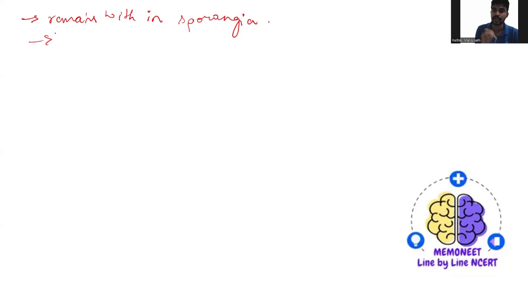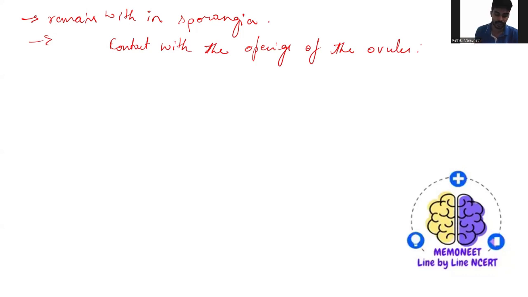They are carried by air or wind currents, and later on they come in contact with the openings of the ovules, the megasporophylls. Then the pollen tube formation will happen.